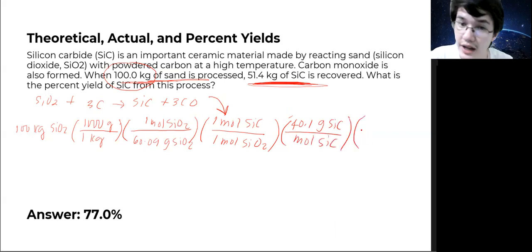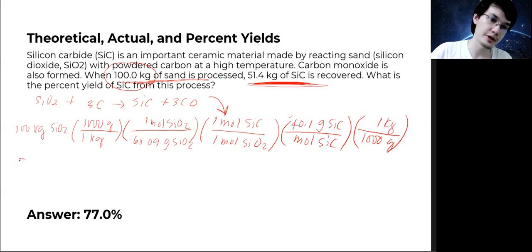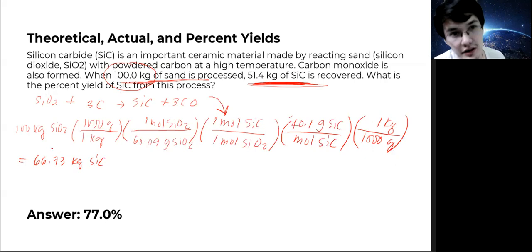Then 2 kilograms. Then we will get the theoretical yield based on our chemical equation, which is what we should have produced.